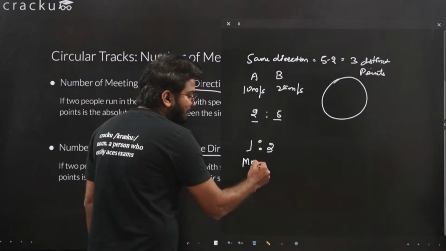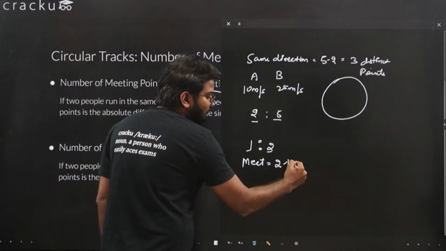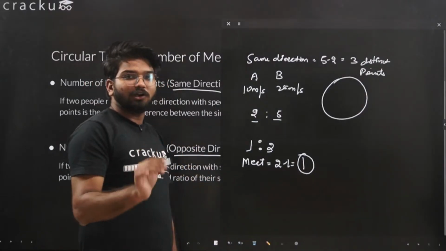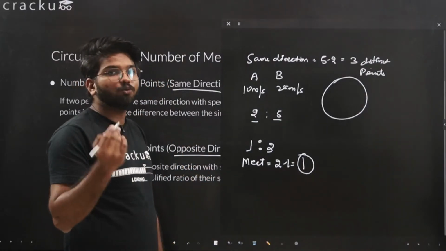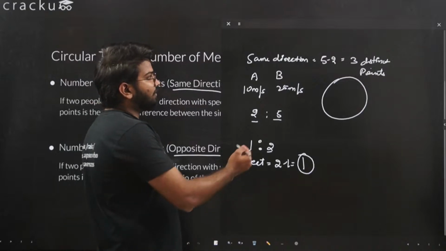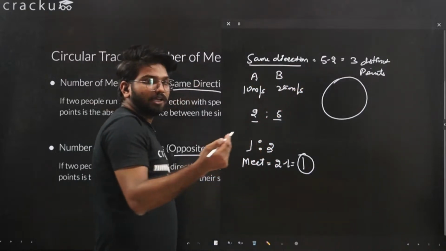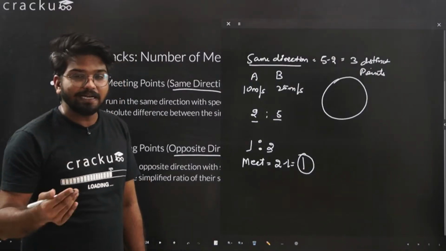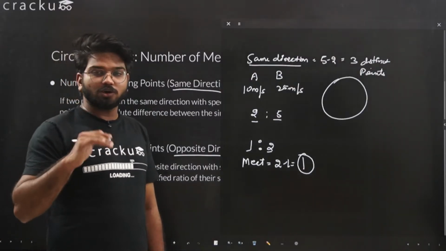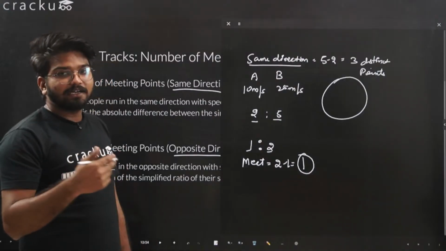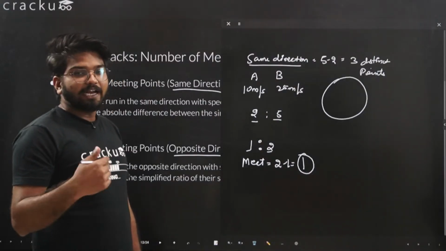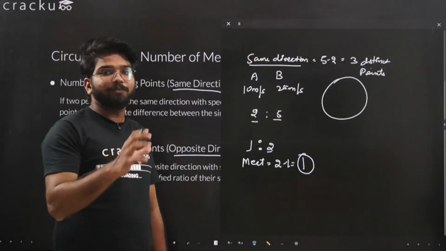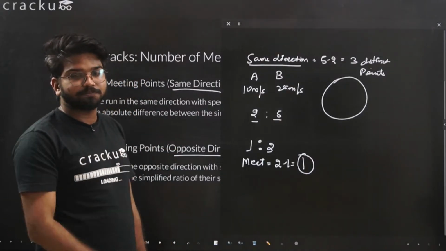They will meet at 2 minus 1, which is 1 distinct point, and we clearly understood that they will meet again and again at P1. So whenever the people are moving in the same direction, just find out their speeds, convert that into the lowest form, and find the difference between them, and you will get at how many distinct points those two persons will meet when they are moving in the same direction.